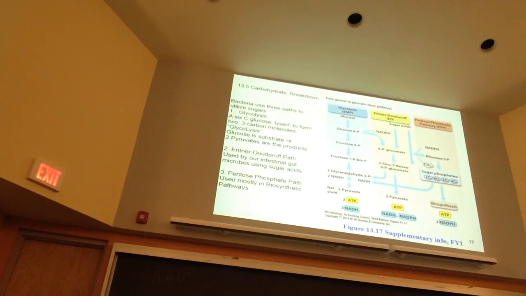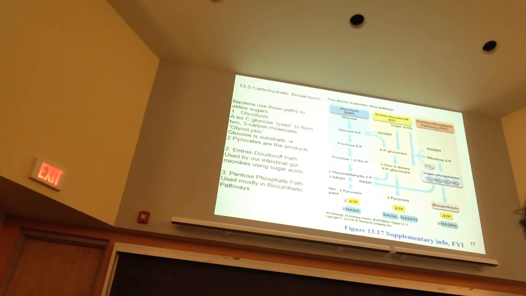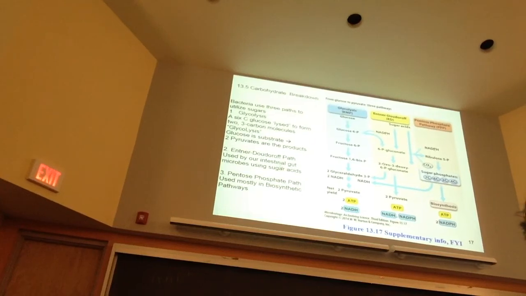Really what I want to cover is that bacteria have 3 different routes of using carbohydrates. 1 is glycolysis. 2 is the Entner-Doudoroff system, which is happening in our GI tract.